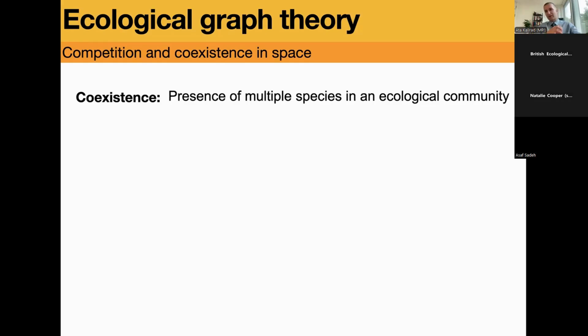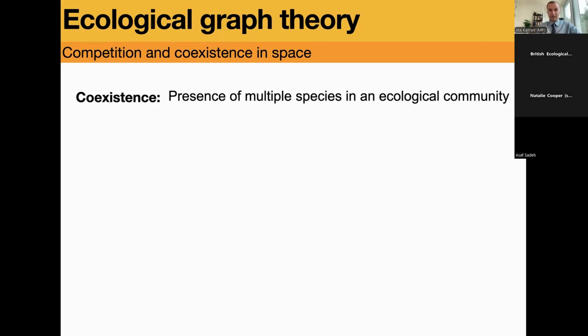That immediately becomes an ecological question. Coexistence here means the presence of multiple species in an ecological community. And that is a huge part of ecological research, just understanding what the factors are.